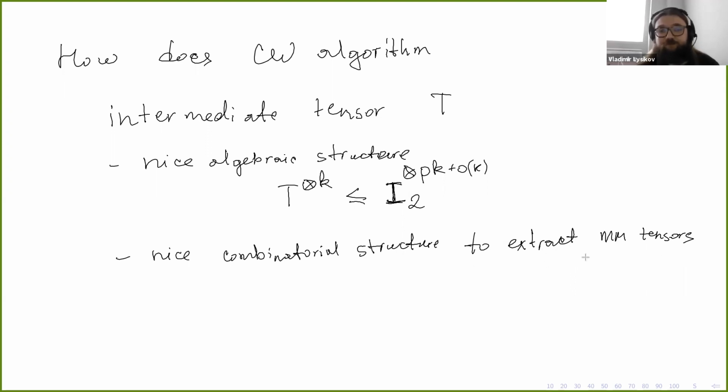This is in Coppersmith-Winograd's paper, which is called Matrix Multiplication Using Arithmetic Progressions. They use some Salem-Spencer sets to find explicit restrictions from some high tensor powers of T to matrix multiplications, which I will write here.